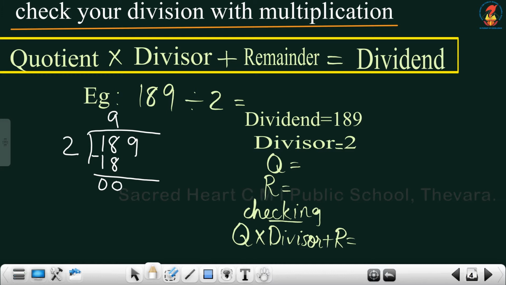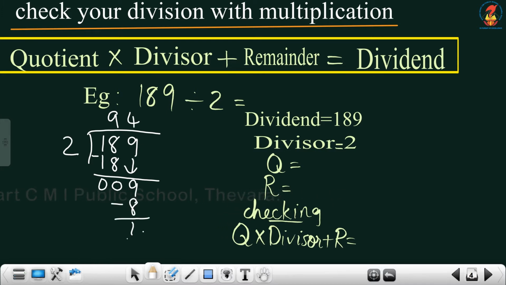After each and every step I need to take one digit down. That is 9. 2 4s are 8. 1. Is it? And the quotient is what only here? 94. And the remainder is 1. Is it clear?